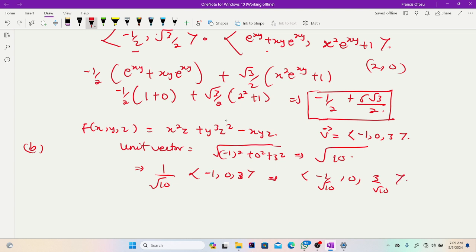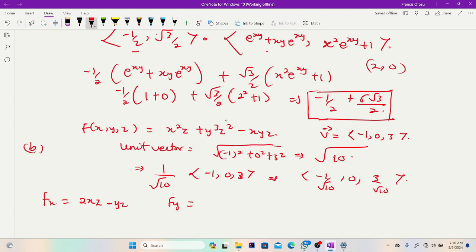The next thing to do is to find my partial derivatives. So my fx, when you have this function here, I want to differentiate with respect to x. Whatever is not x becomes a constant. So I'll get 2xz; for the middle term there is no x, so it will be 0; and for the last term I'll get −yz. So this is fx. What is fy? Whatever is not y becomes a constant, so my x² z will be 0.